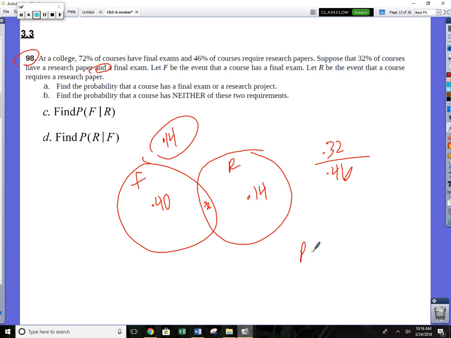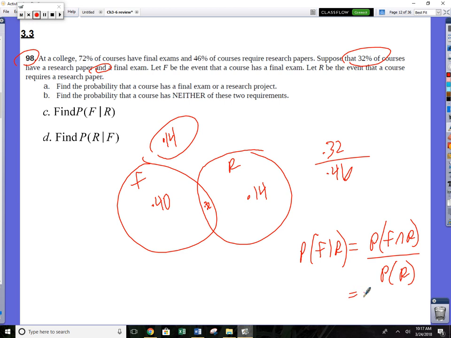So the chances of F given R are the same as the chances of F intersect R divided by the chances of it being R. So the intersection is given up here. Intersection is 32%, so that's 0.32, and R is research, that's 46, so that's 0.46.